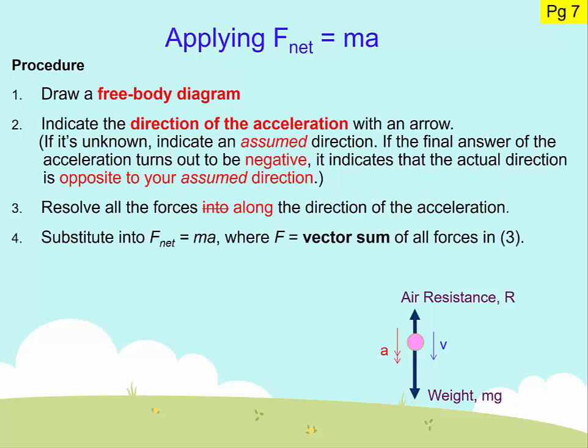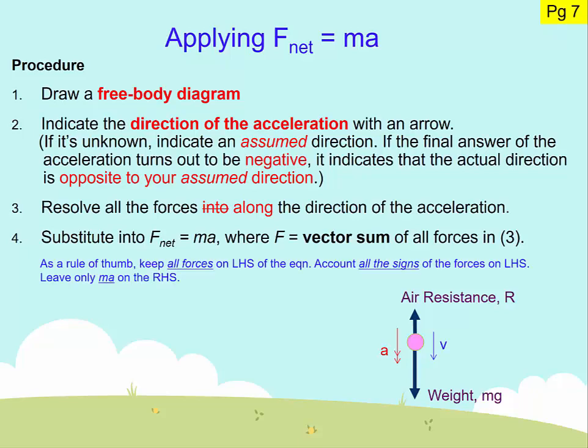Step 4, substitute the values into F net equals ma. Remember, F net is the vector sum of all forces. As a rule of thumb, when you apply this formula, you will keep all the forces on the left-hand side of the equation. Take note of the sign, whether they are positive or negative, and put ma on the right.